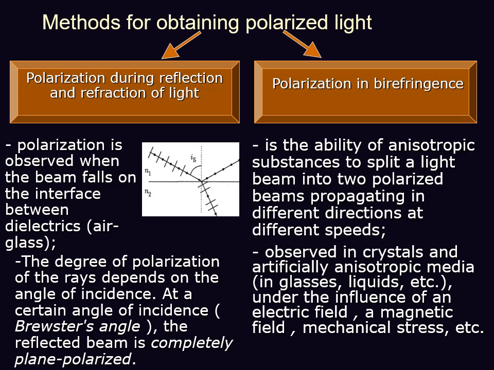Polarization with double refraction is the polarization we will talk about in a little more detail. The name speaks for itself. With this transformation of light, we get two rays, polarized again to different degrees, or one polarized and the other not polarized.